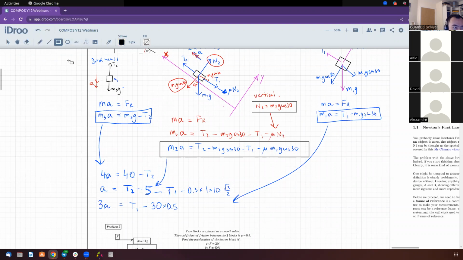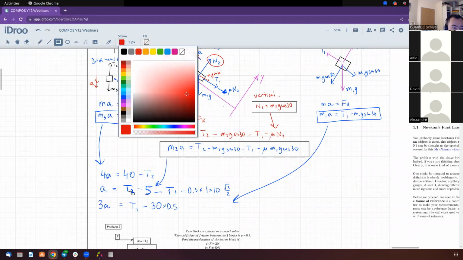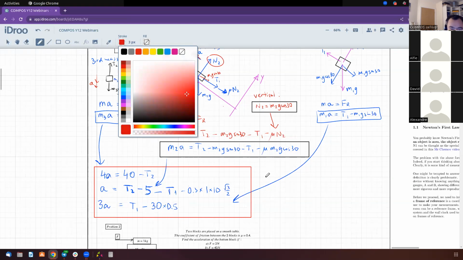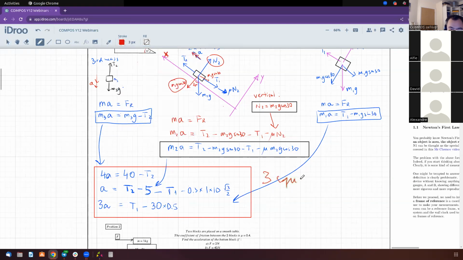And look at this. Three equations, three unknowns.